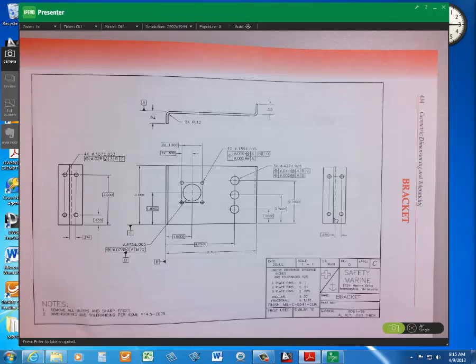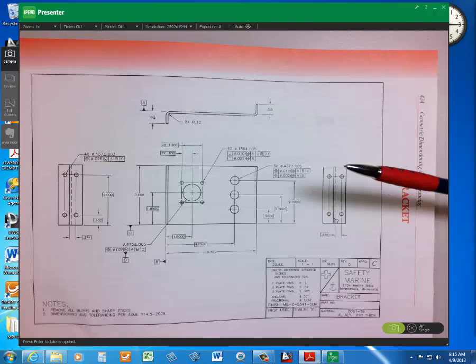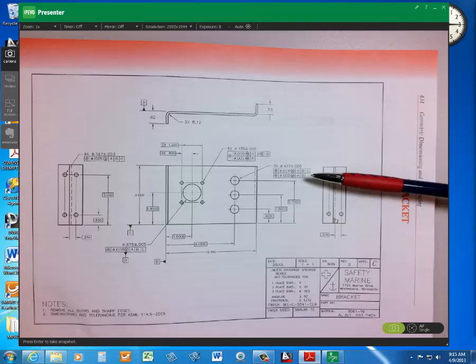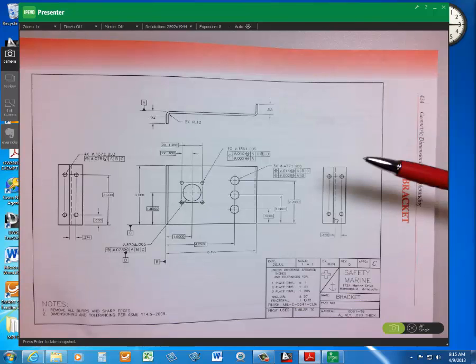The lower feature control frame specifies datums A and B. Datums A and B control the orientation of the alignment of the 2 thousandths position tolerance zone at MMC, where the individual features must lie. Individual features within the pattern must lie within the pattern.